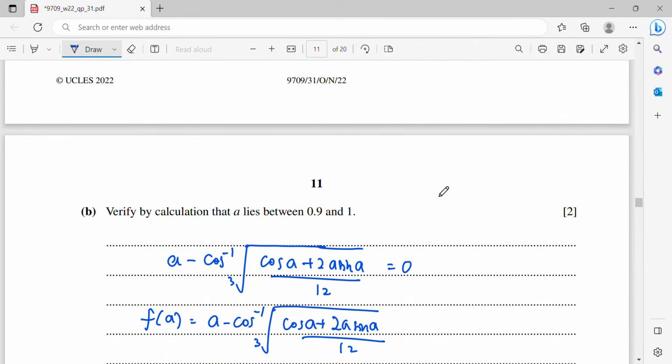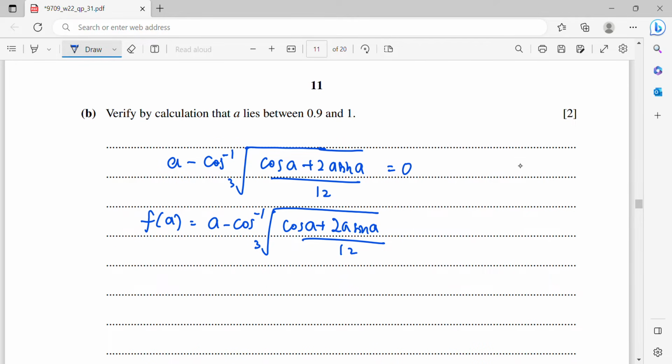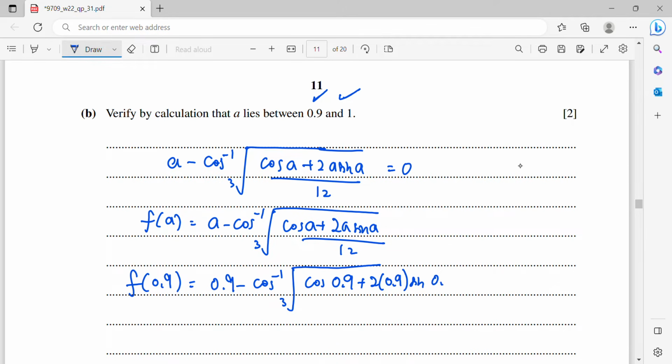Now to prove that a lies between 0.9 and 1, replace a by 0.9, and make sure there will be one positive and one negative for f(a). So replace first. Now, please take note of this calculation.